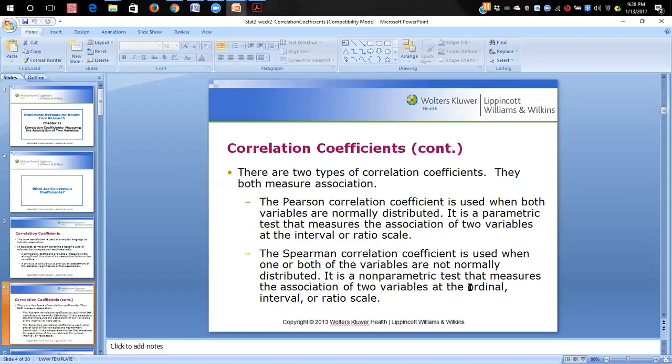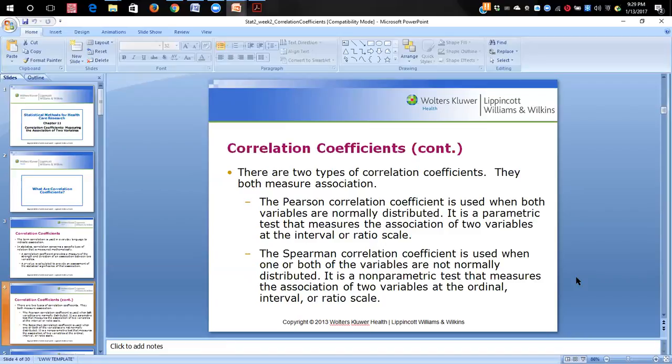So again, I have seen a lot where a Likert type scale is used in research, and then they will get the mean score of the Likert scale.